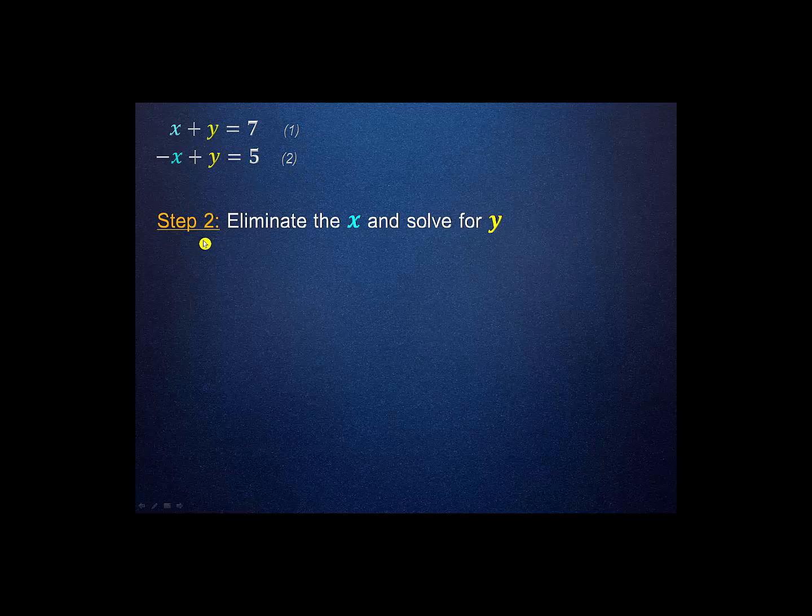So step 2, let's now eliminate the x and solve for y. If you have a look at the two equations, if we decide to add them together, you can see that we have x plus minus x, or this is the same as saying x minus x, which is what? It's 0.